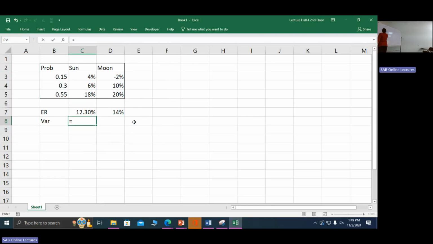So the variance of x is equal to the forecasted deviation from the expected, squared, times the relevant probability: 15 plus 6 minus 12.3 squared times the probability, plus 18 minus 12.3 squared times its probability. So this is the variance. Then get the square root of it, the standard deviation.